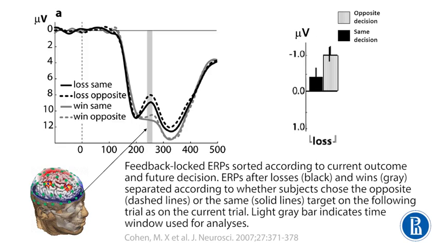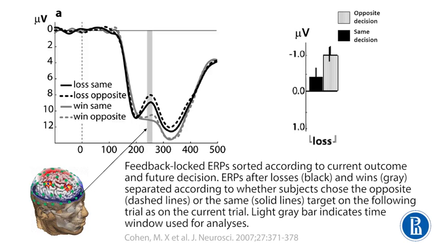Pay attention to the loss situation, when the person loses money. You see a peak around 250 milliseconds, and this peak is particularly strong when the person changes the decision in the next trial. I visualize this effect on the right side of this graph.